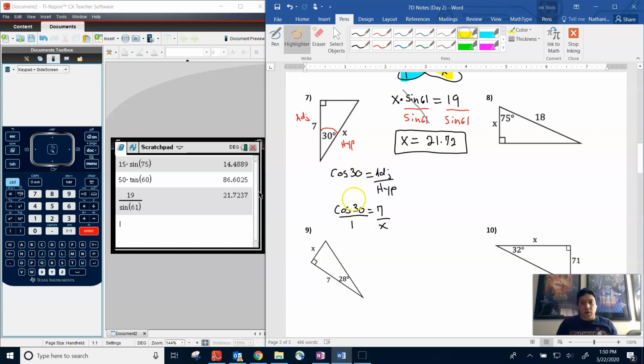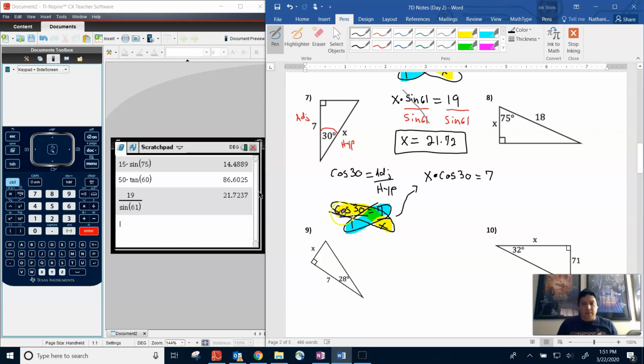Then we're going to cross multiply. Cosine of 30 times x and 7 times 1. I'm going to write it over here just because I'm out of space. All right, what is cosine of 30 times x? Well, let's put the x first. X times cosine of 30 is equal to 7, which is 7 times 1.